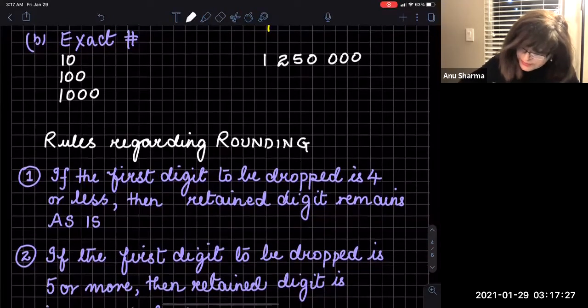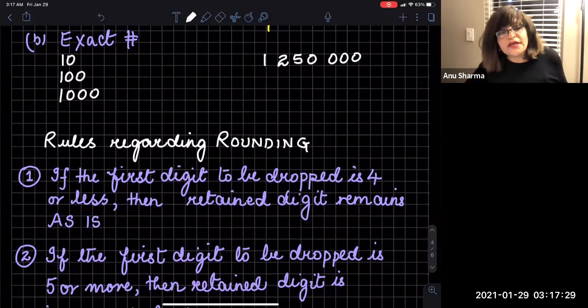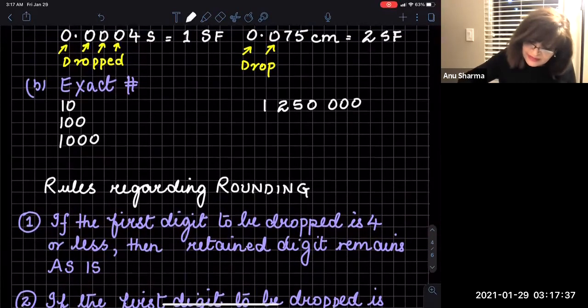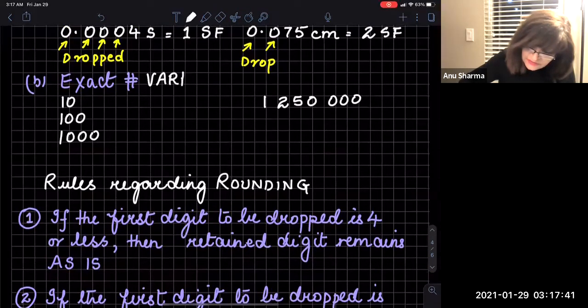Okay, so that's a huge big number. Here, these are exact numbers. All of them are exact numbers. There's no decimal in the exact number. So anytime you have an exact number, it will have variable significant figures.